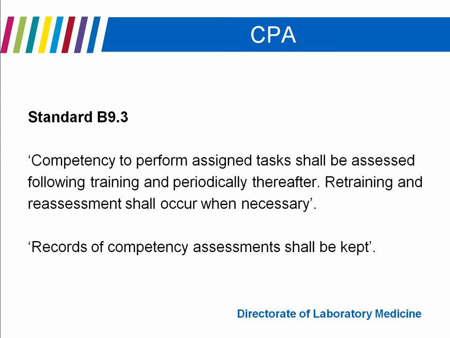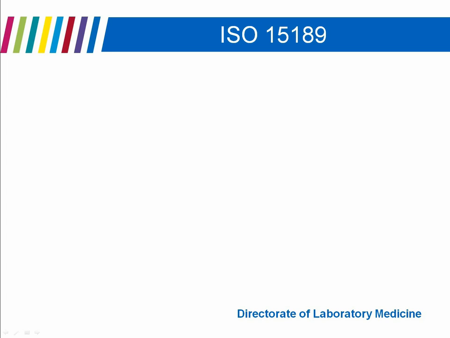And the one thing that you can say about this standard is it's notable by its brevity. It's in fact very brief and open to a certain degree of interpretation. With ISO, we have the benefit of slightly more detail in the standard.